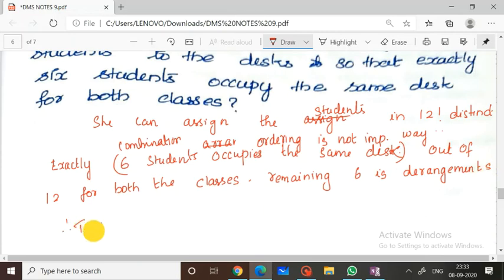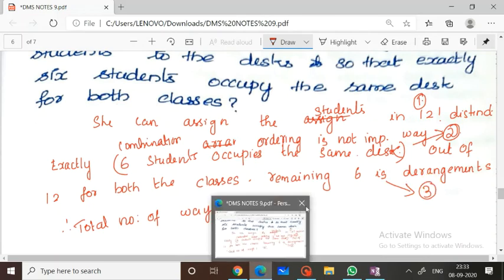Therefore the total number of ways is equal to 12 factorial, because all three events must happen simultaneously. First one, this has to happen simultaneously. Second one, this has to happen simultaneously. And the third one also must happen simultaneously.